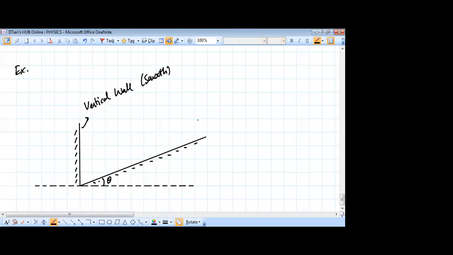Okay, so this is a smooth vertical wall, and this is a smooth inclined plane.